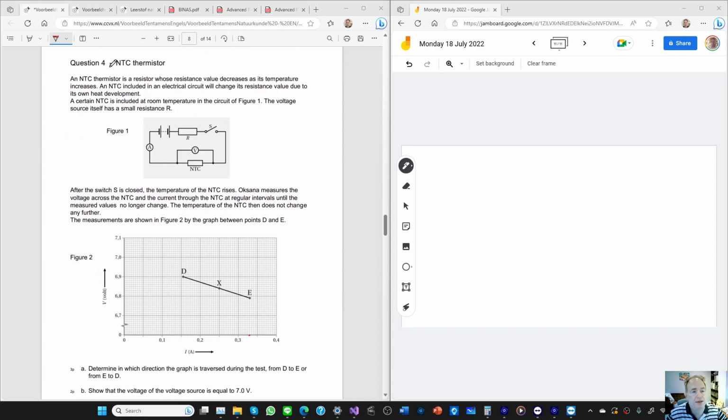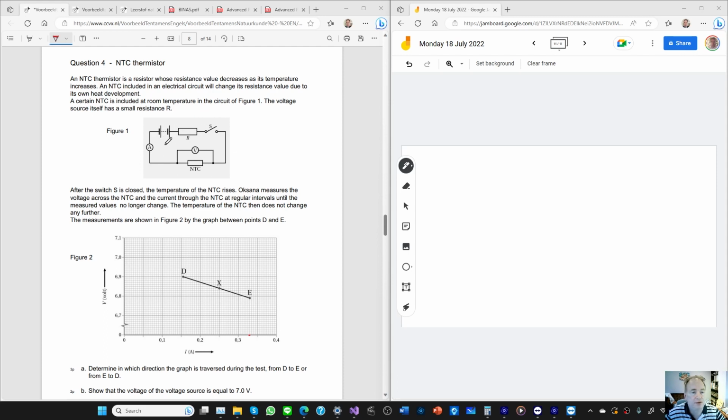Question 4 is about an NTC thermistor. This is a resistor whose resistance value decreases as its temperature increases, and this is due to heat development. In this case, more heat will reduce the resistance. And figure 1 is a circuit where this is included.